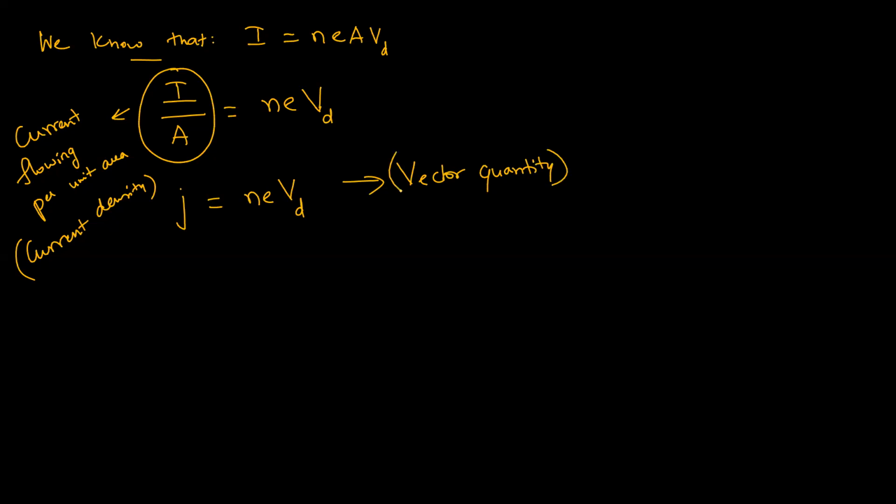It's a vector quantity. And what is going to be the SI unit here? SI unit is going to be ampere per meter square. So this is going to be current density. So please make a note of this.